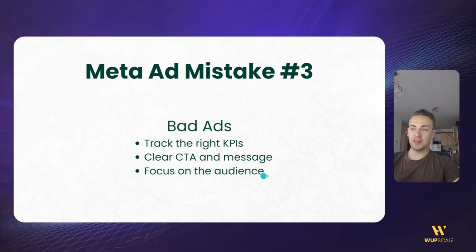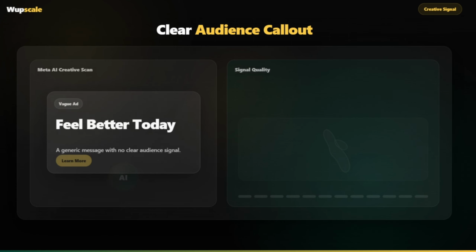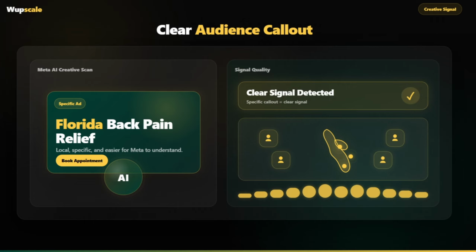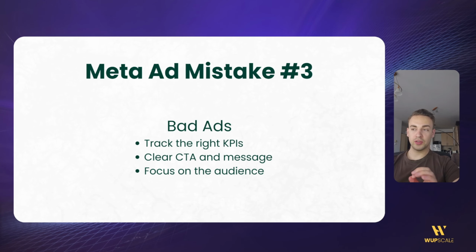So when I say focus on the audience, you need to call out your audience in your video or on your image and also in your ad copy. So let's say you have a wellness clinic in Florida, then you'll call out everyone in the first line, like, hey, attention, if you're from Florida, if you are dealing with back pain, our clinic can help you. So it's important to make sure the tracking is on point and you're actually running good ads.